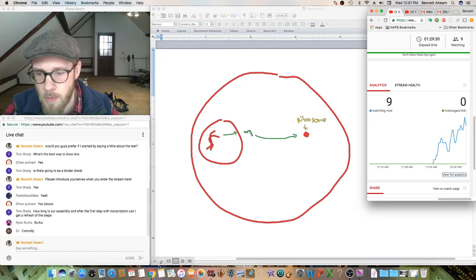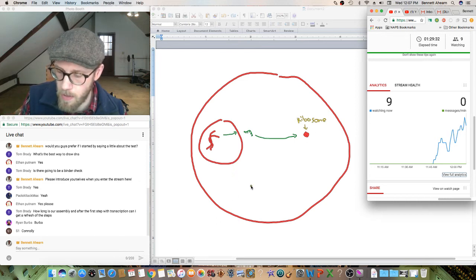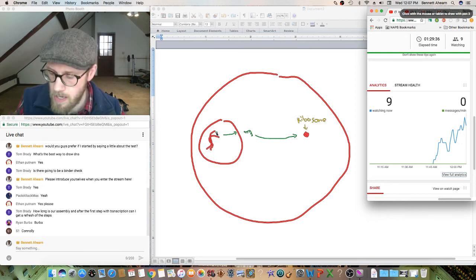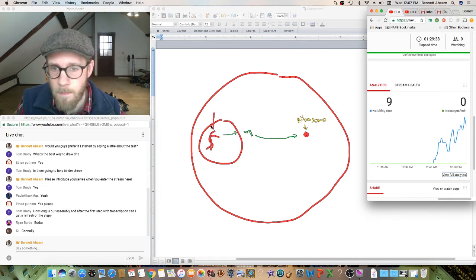Now, here's what you need to remember. The central dogma of biology is that DNA, right here, codes for proteins, right?